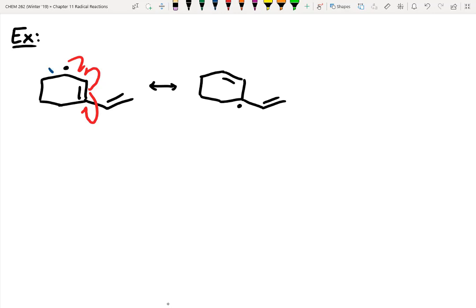Okay, so if we have the second resonance structure, we can take this electron, dump it down, continuing going right, and just like before, we need to steal a pi bond electron, and then the other pi bond electron can get dumped onto the right-hand carbon.